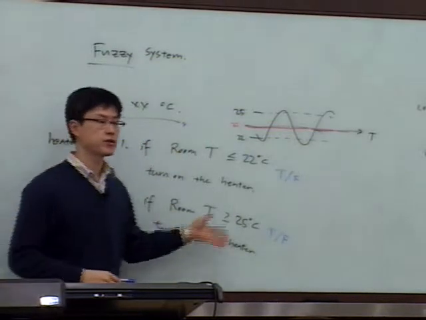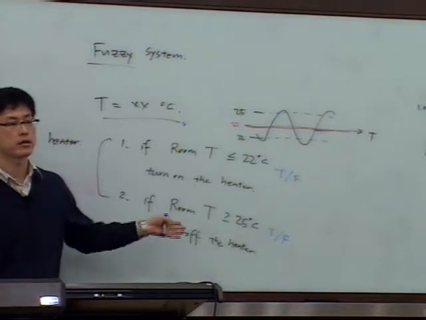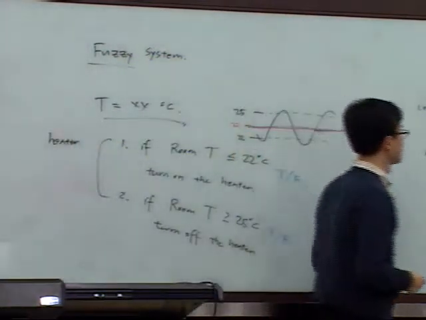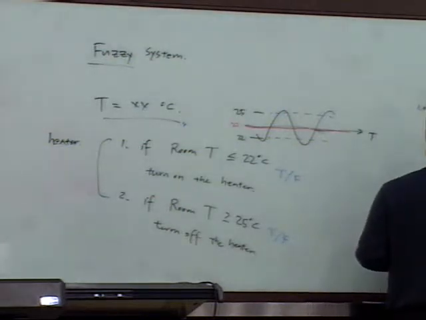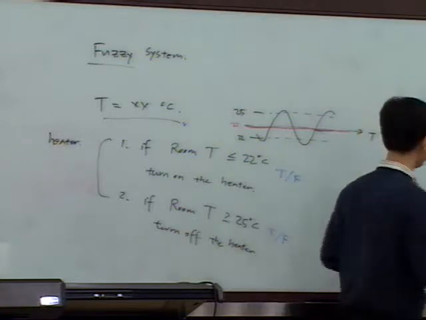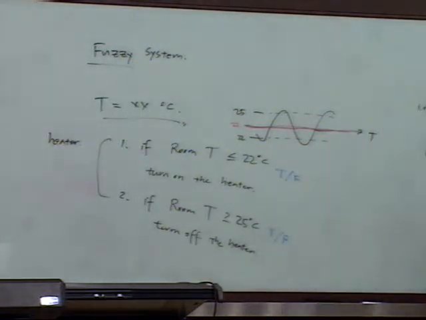A fuzzy system changes this kind of true/false statement into a fuzzy one. For example, we can model like that. This one actually means if room temperature is cold, then increase the heater.